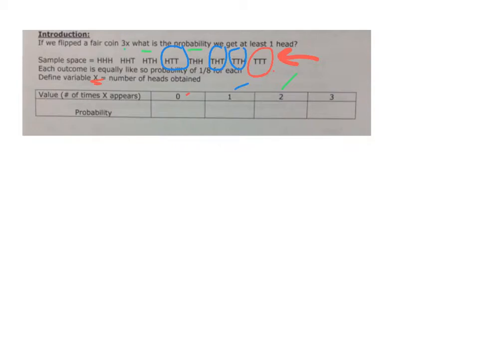Or I could get heads all 3 times, which would be this one right here. So my probability of getting heads 0 times would be 1 out of 8. My probability of getting heads 1 time is 3 out of 8. My probability of getting heads 2 times is 3 out of 8. And my probability of getting heads all 3 times is 1 out of 8.